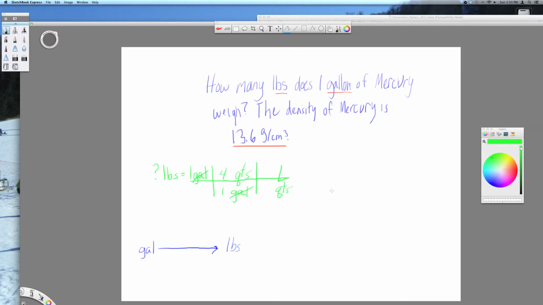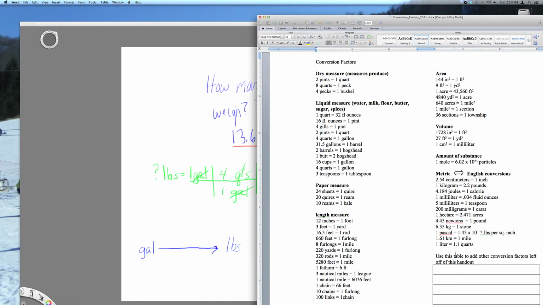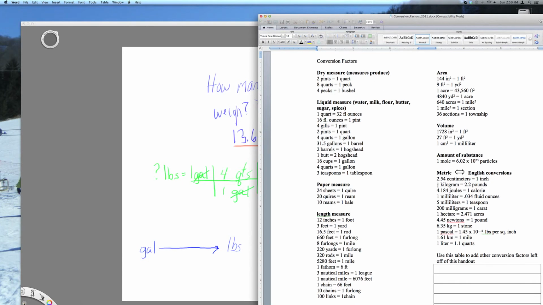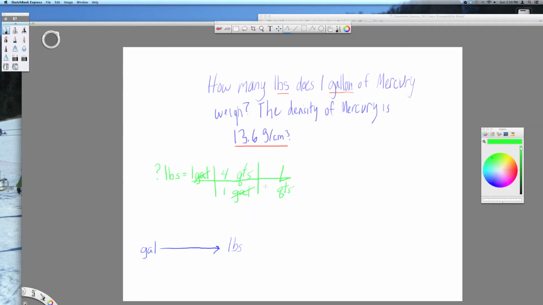I can, because I know that 1.1 quart and a liter are just about the same. So what do I put next to liters? I put a 1, because there's a 1 there. What do I put next to quarts? I put a 1.1. Just about the same size. Okay, quarts cancel. Now I'm at liters.